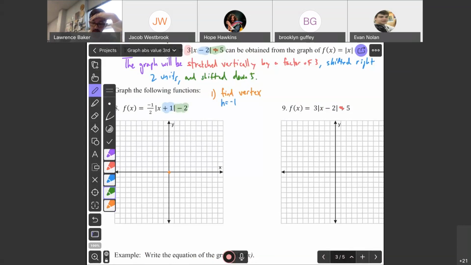And then our k value is -2. So that means our vertex is at -1, -2. It's supposed to be at 0, 0, but it's been shifted, so we're moving it. Then we label that with a V.